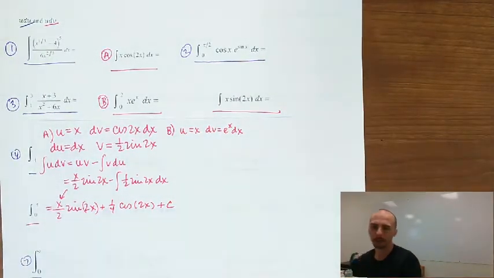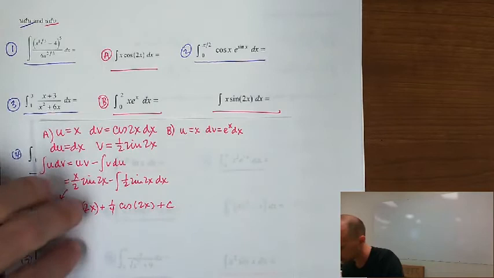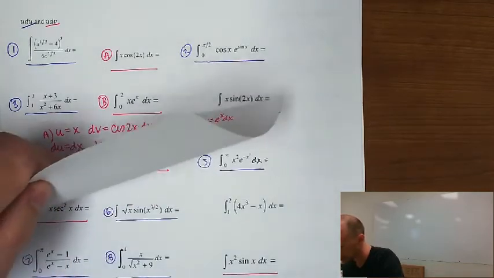Okay, I'll be honest, what I'm seeing on this, I'm not seeing a huge diversity of integration by parts examples. I'm seeing a lot of x multiplied by something and x squared multiplied by something. I think there's an x with a log of x, yeah, that's going to be the next one.